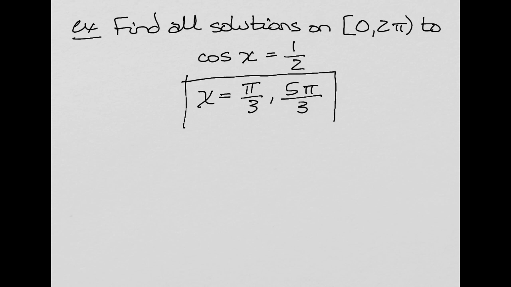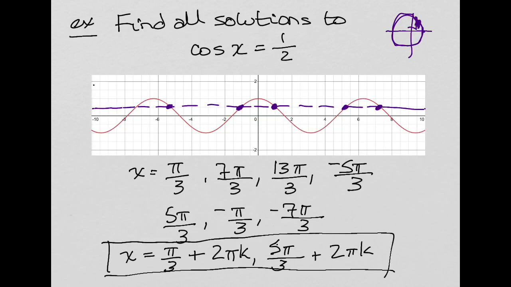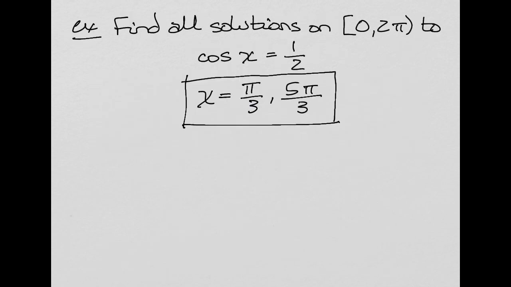So all the solutions, we have to realize there are infinitely many of them, and we'll get to them by adding complete revolutions, multiples of 2 pi. Solutions only in the specified interval, 0 to 2 pi, we'll just get those from the unit circle and stop.